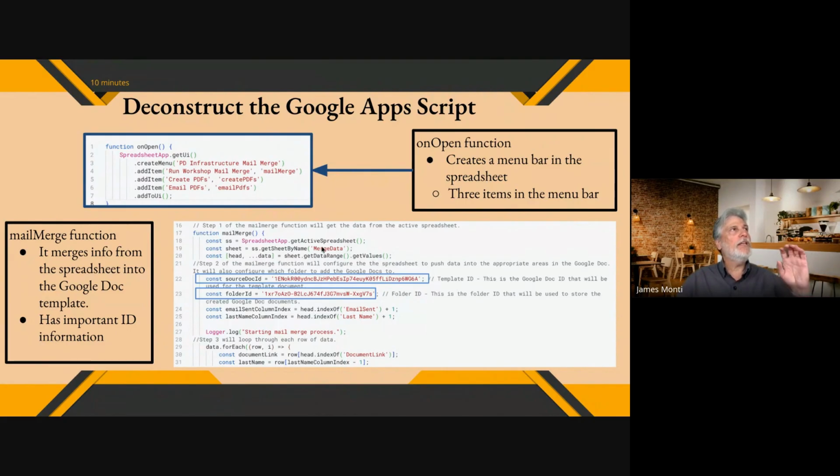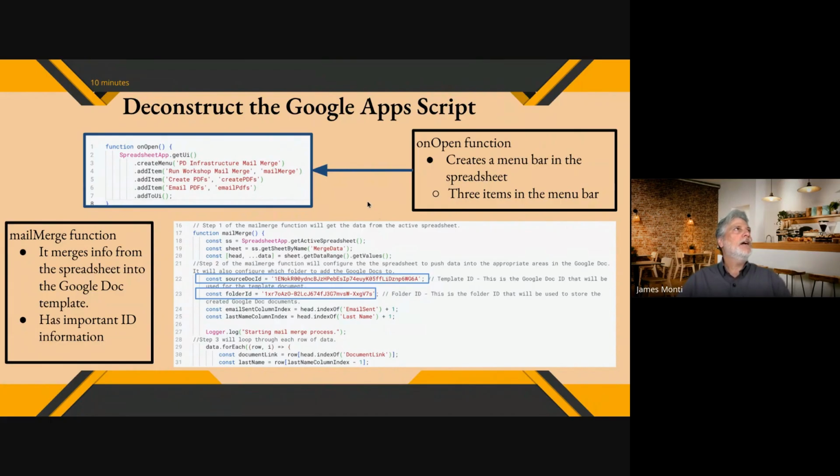I'm going to deconstruct it a little bit myself, then jump into Gemini and deconstruct it using Gemini. I'll show you that briefly, and then I'm going to give you a ton of time to play on your own and dig into the scripts yourself.